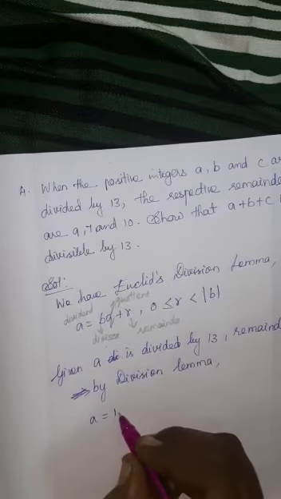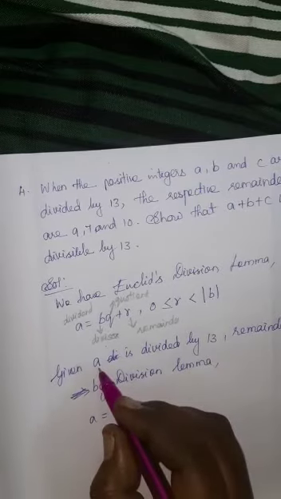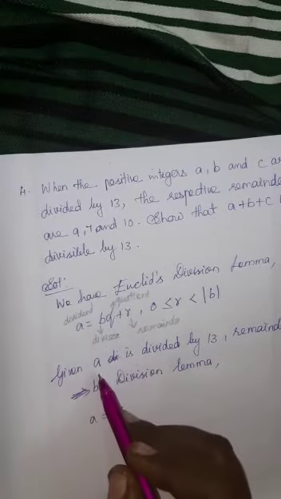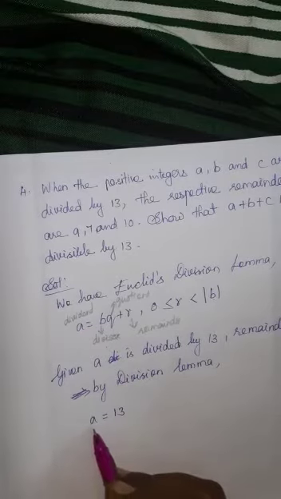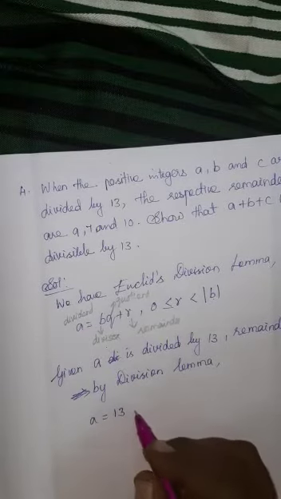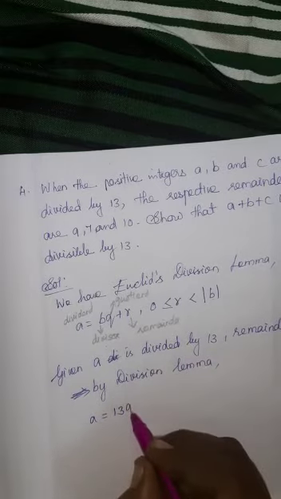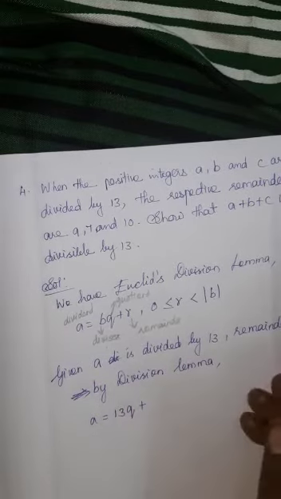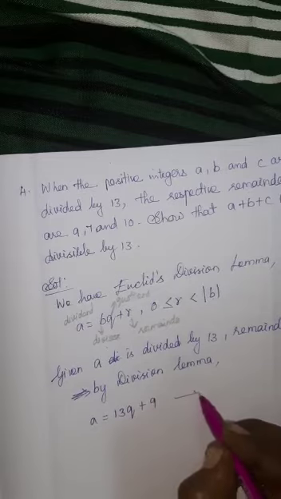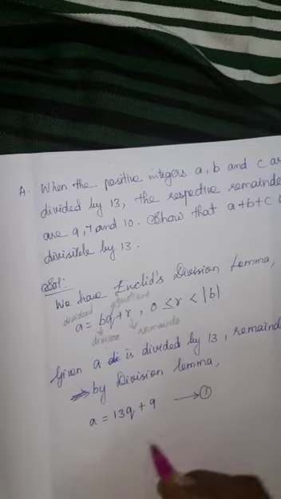It is 13. I have written this from the given condition, not from the lemma. From the given condition I have written the dividend. a equal to 13, about the quotient they did not mention anything, so you write the same q, plus the remainder 9. Consider this is equation number 1.